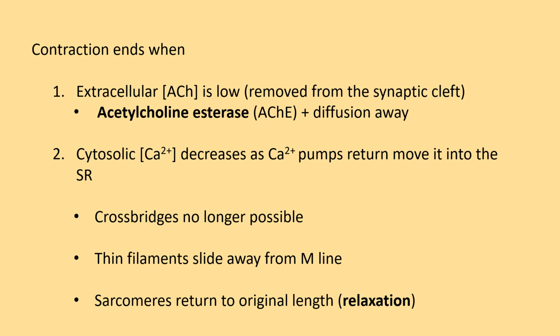So we talked about the cessation of the signal back in our cell signaling chapter. And 2 of those processes are employed here. Number 1, acetylcholine will diffuse away from the synaptic cleft. It's a molecule, it's a substance, it diffuses from an area of high concentration to an area of low concentration. So it diffuses away from the cleft.